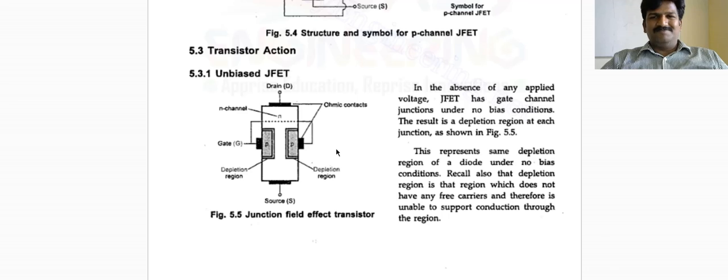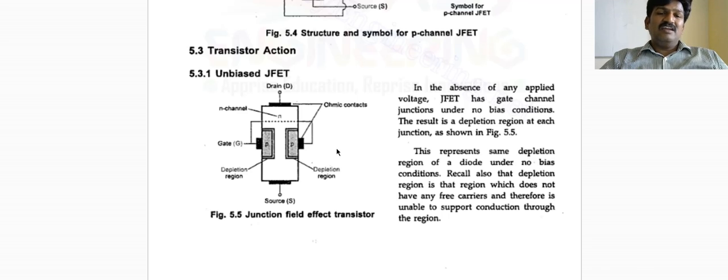Okay, in the absence of any applied voltage, the JFET has the gate channel junction under no bias condition. The result is a depletion region at each junction. This represents the same depletion region of a diode under no bias condition.